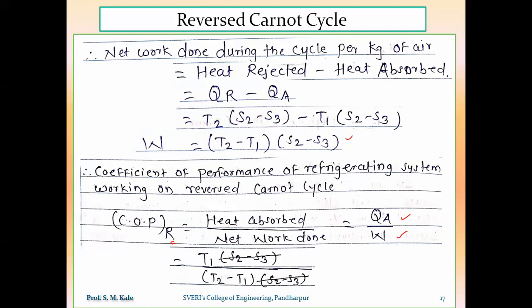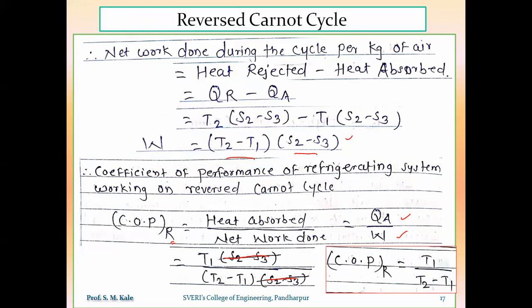QA is nothing but T1 (S2 minus S3). This is the formula for QA. And work done is nothing but (T2 minus T1)(S2 minus S3). Here (S2 minus S3) is the common term, so it will get cancelled from the numerator as well as the denominator.